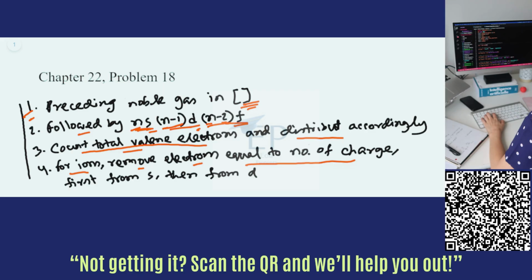So for example, if an ion has +2 charge, we'll have to remove 2 electrons from the total valence electrons, and while removing electrons, we will have to first remove electrons from the s orbital and then from the d orbital. So that's the principle of how we write down the ground state electronic configuration.